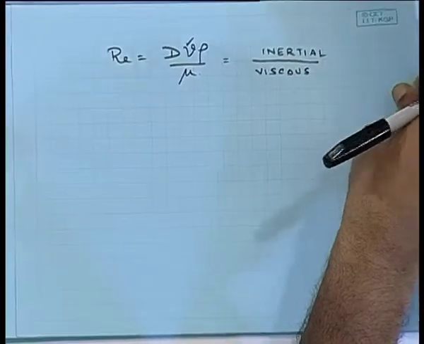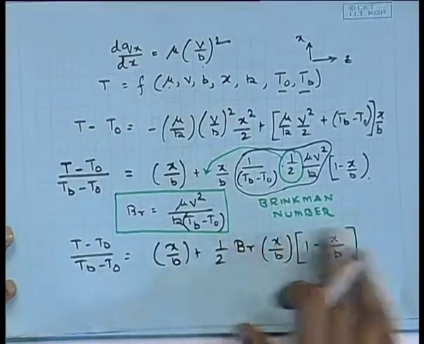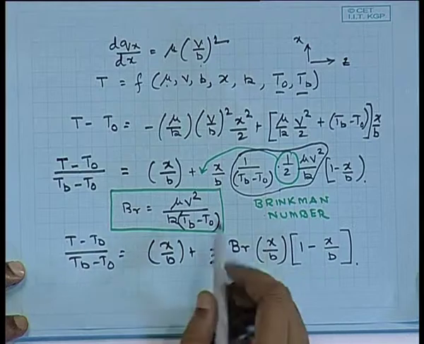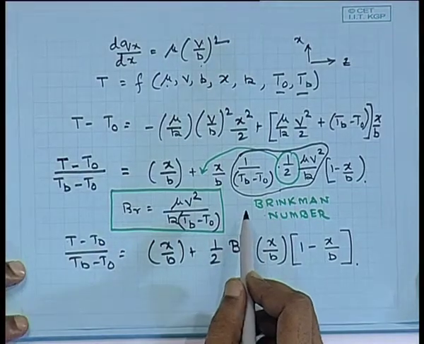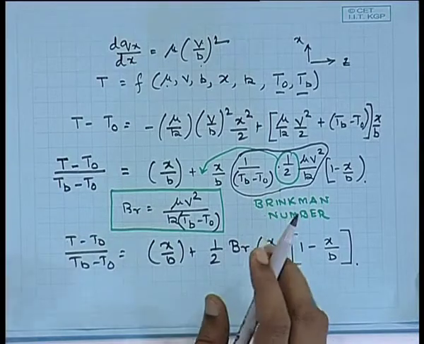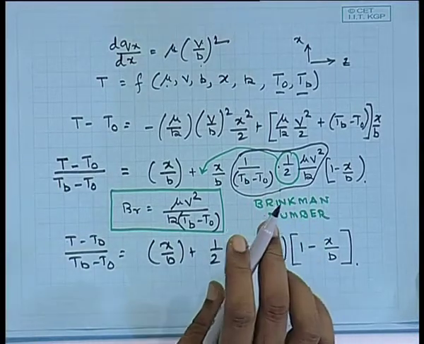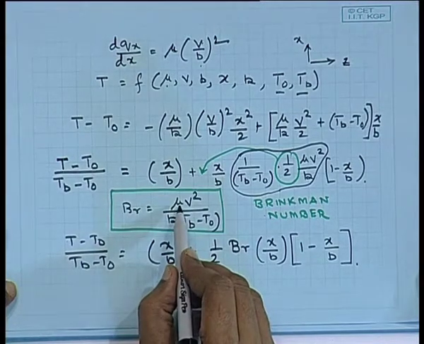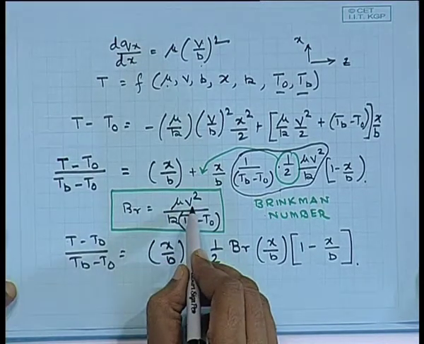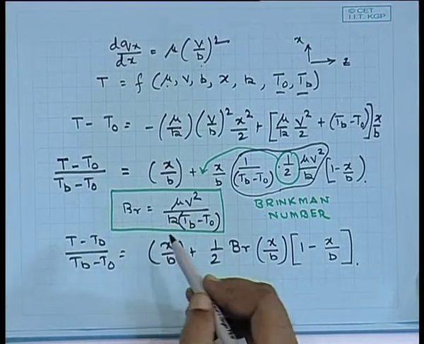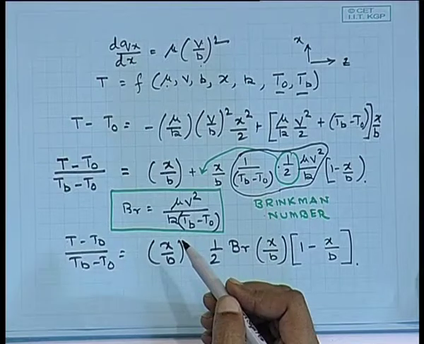So, in the same way, if you look at the Brinkman number, we have seen before that mu V by B square whole square gives you the generation of heat. So, the Brinkman number is a ratio of viscous heat generation, and this one k (Tb minus T0), the conductive heat, so the heat that is being conducted.